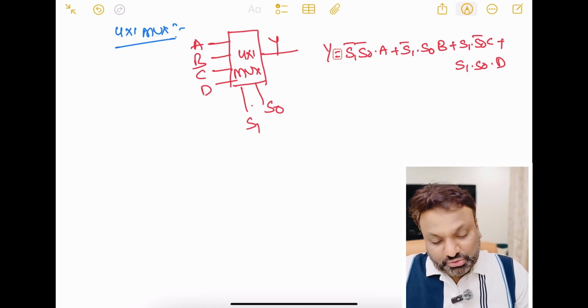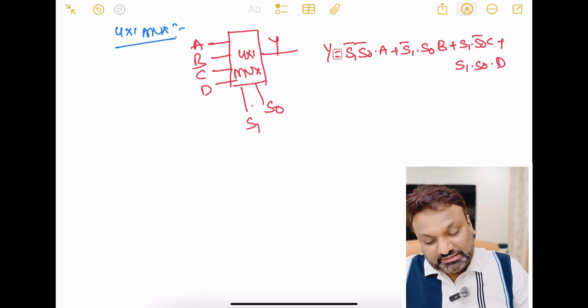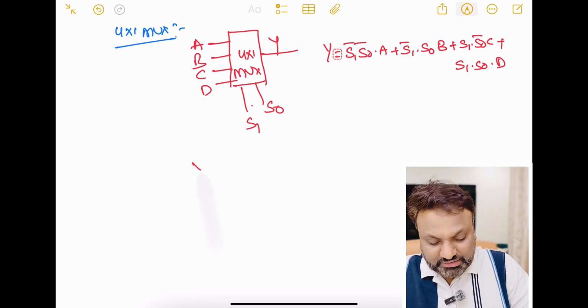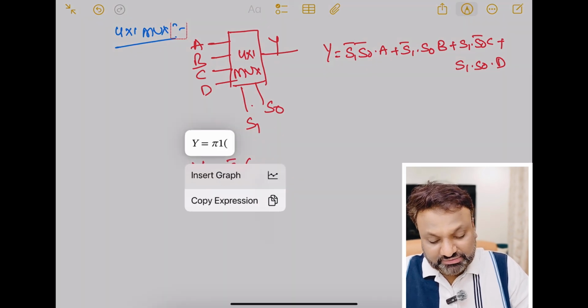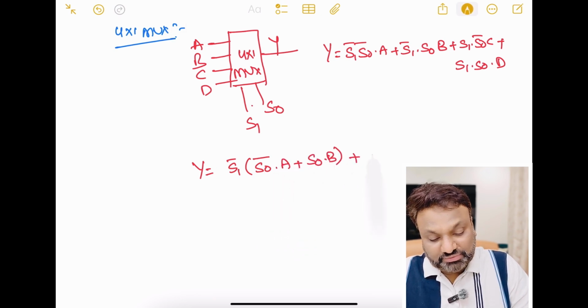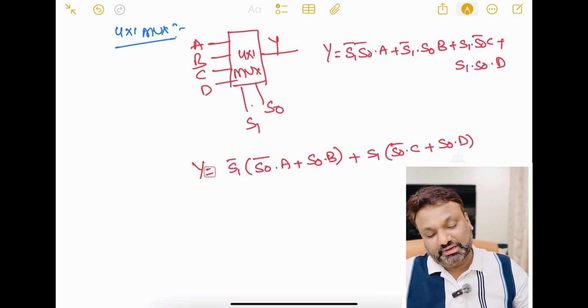Like we have done in the past, I will take S1 bar common in the first two terms, such that this will be equal to S1 bar times (S0 bar A plus S0 B) plus S1 times (S0 bar C plus S0 D), correct?